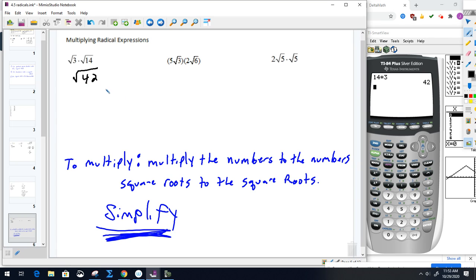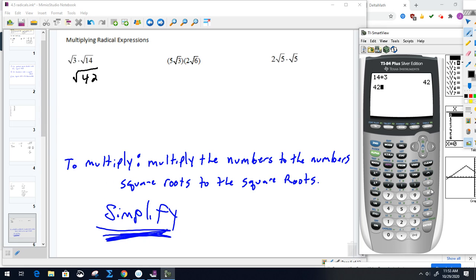Okay, now, is there a perfect square factor in 42? So is 42 divisible by 36? No. Is 42 divisible by 25? No. Is 42 divisible by 16? No. Is 42 divisible by 9?